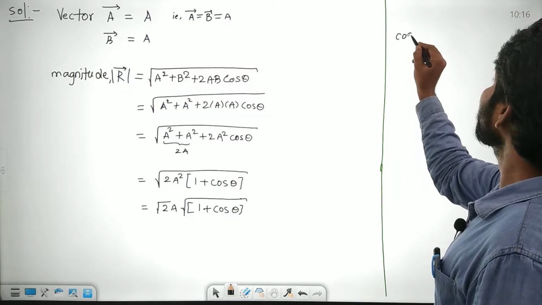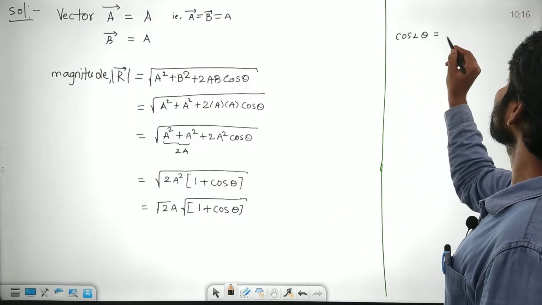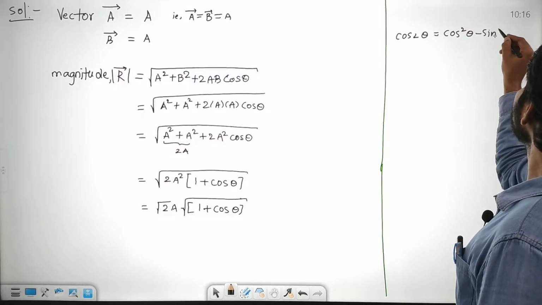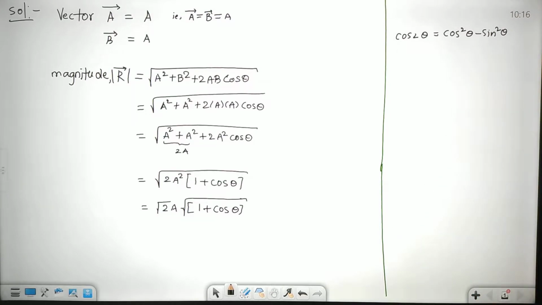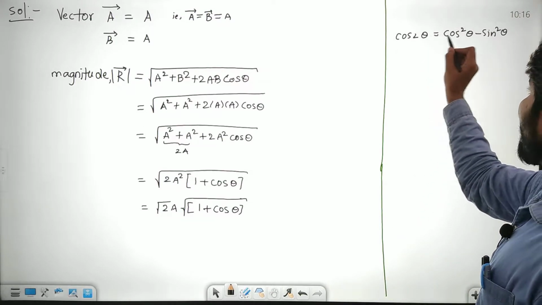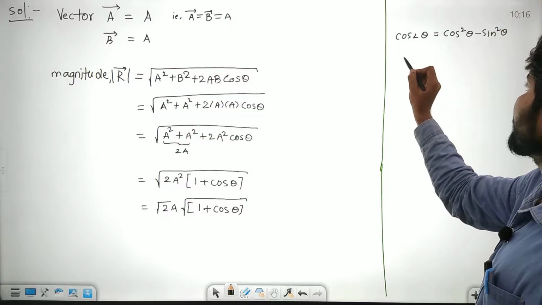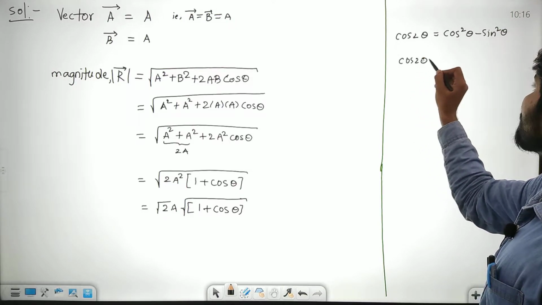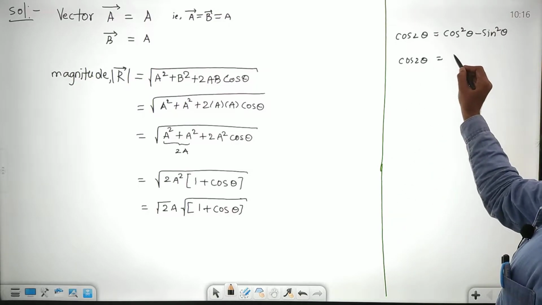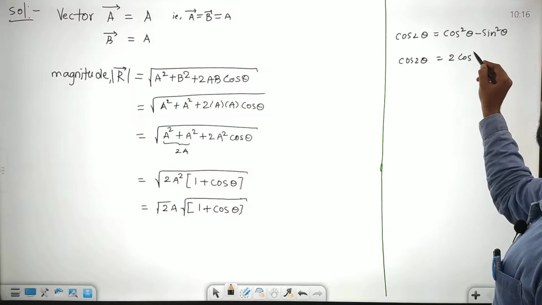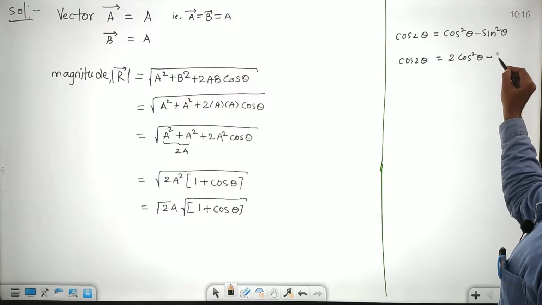Cos 2 theta equals cos square theta minus sin square theta. Right? If I convert this in terms of cos, I will get cos 2 theta equals 2 cos square theta minus 1.